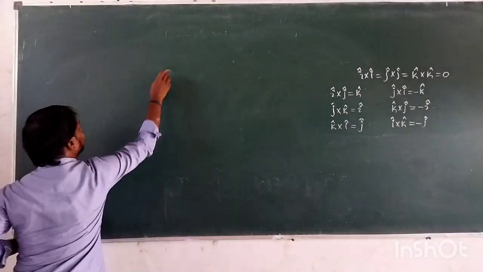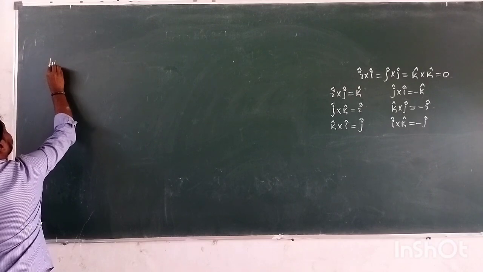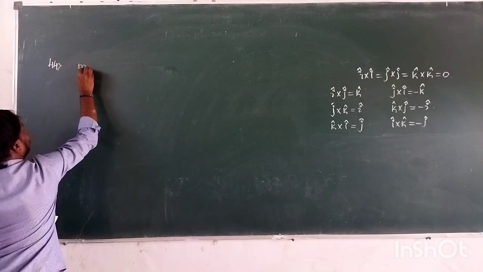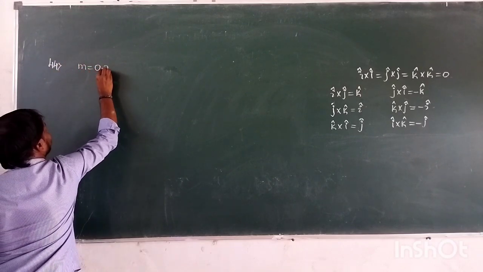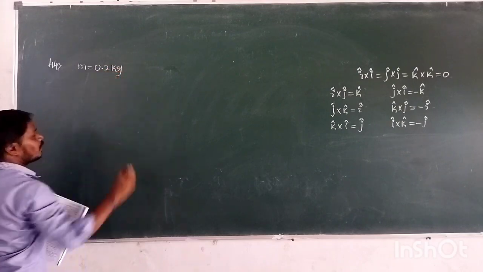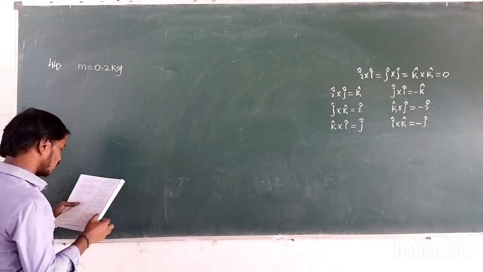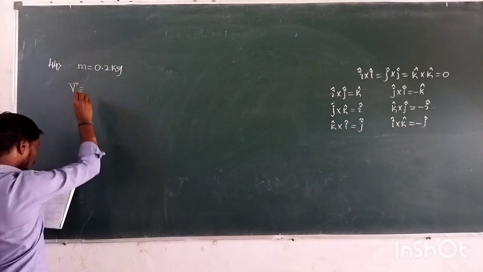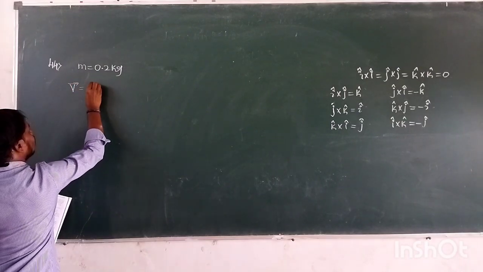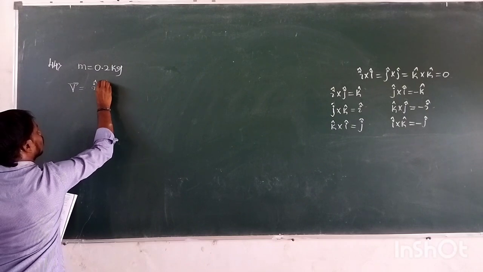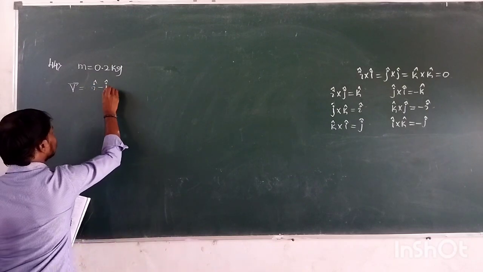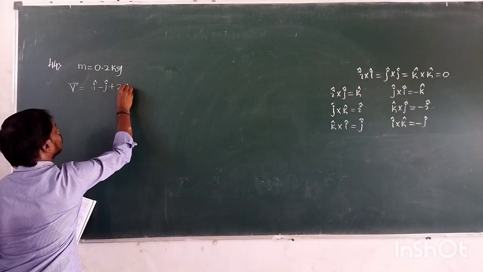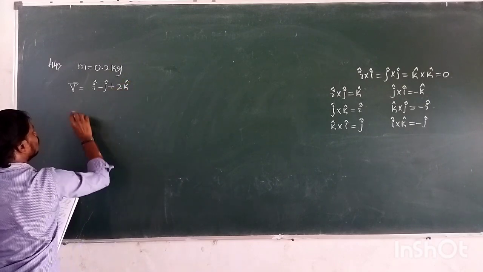Question number 44. Mass of the particle given, that is 0.2 kg. Next, linear velocity of the particle is given, that is v is equal to i minus j plus 2k.